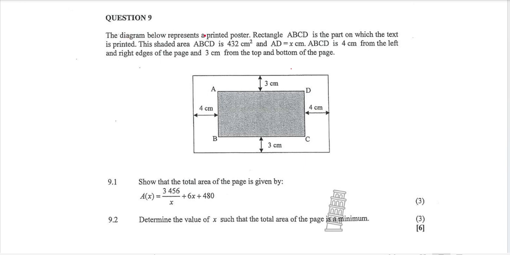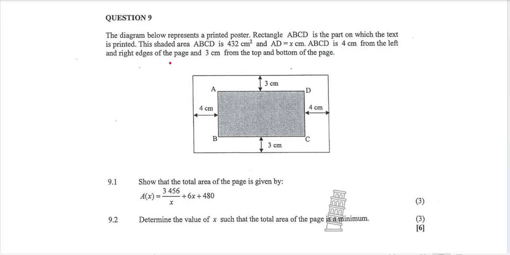The diagram below represents a printed poster. Rectangle ABCD is a part on which the text is printed. They are referring to this shaded part.